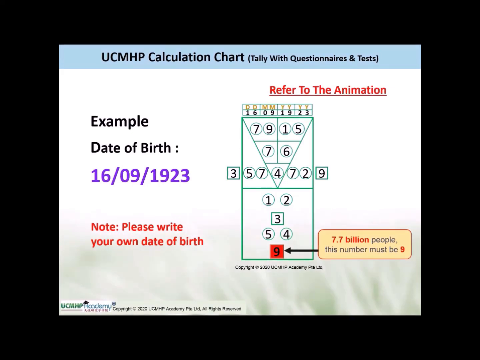Now, I'm going to introduce you the most important number in your life. And this is your universal character number, which is inborn, destiny, and nature. And this number here will follow you wherever you go.